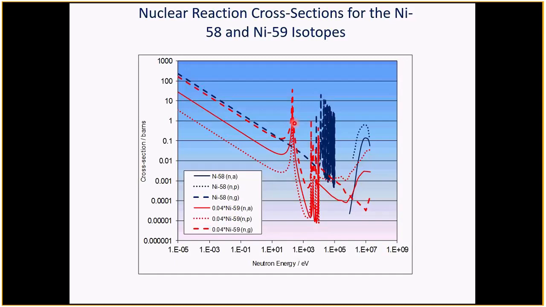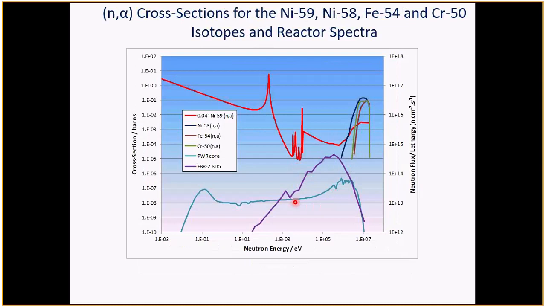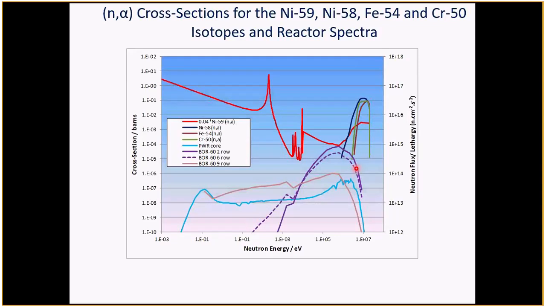So you might actually also produce a reasonable amount of helium, even in a fast reactor. So by and large, you get less, but you still have this possibility both at the high energy range and the low energy range, especially if you're talking about a Bohr 60 reactor, to produce helium.